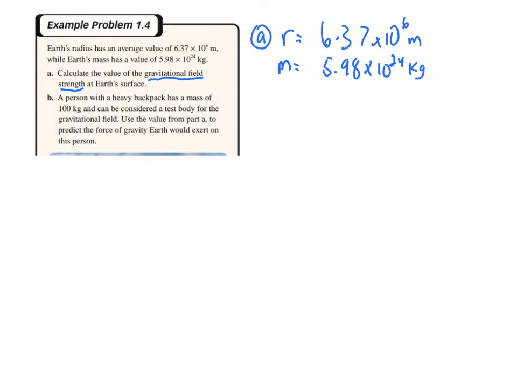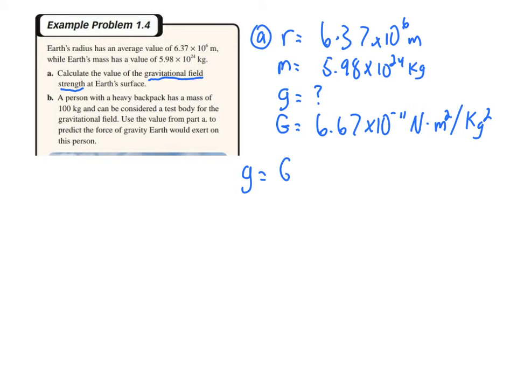Well, if we go back to our formula sheet, we will realize the gravitational field strength is little g. So since we have r and m, we will then have to also use big G. And big G is going to be that constant that we learned about, which is 6.67 times 10 to the negative 11, and that's going to be in newtons multiplied by meters squared per kilogram squared. And there we are. And so now we're ready.